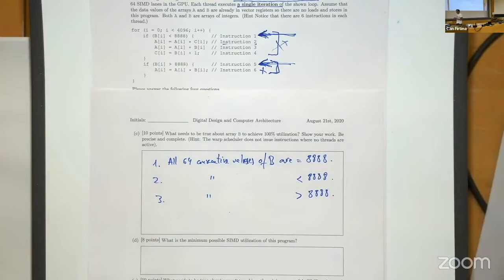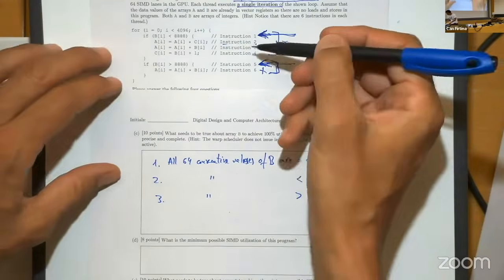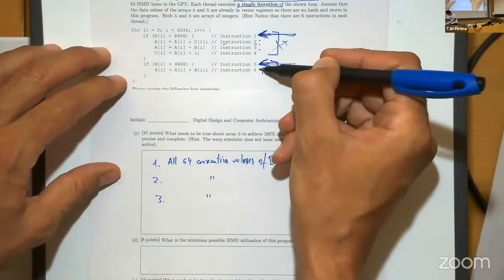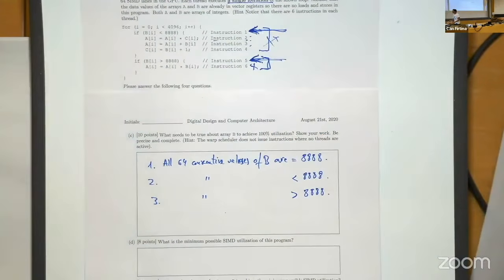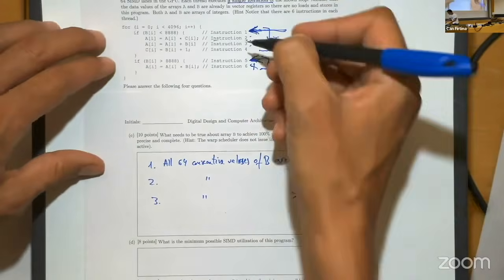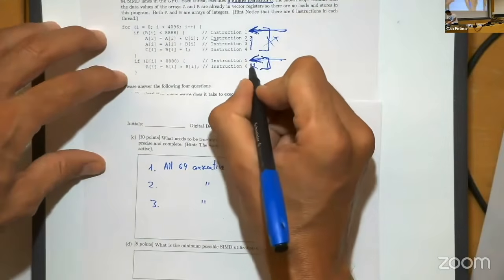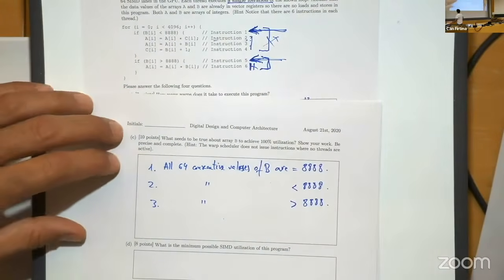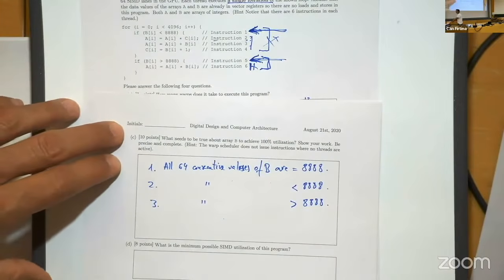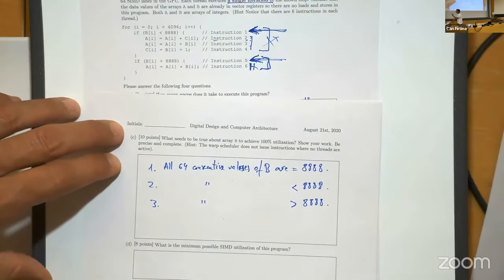Then, what is the maximum divergence that we can achieve for the rest of instructions? For these 3 and for this 1, for this body here and for this body here, the maximum divergence happens when only one thread in the warp executes the corresponding instruction.